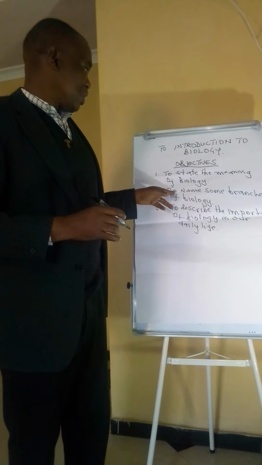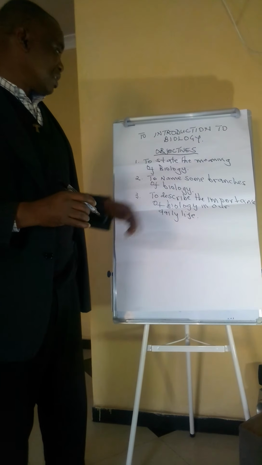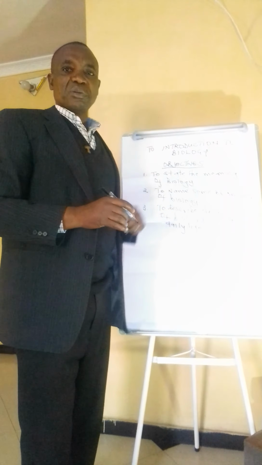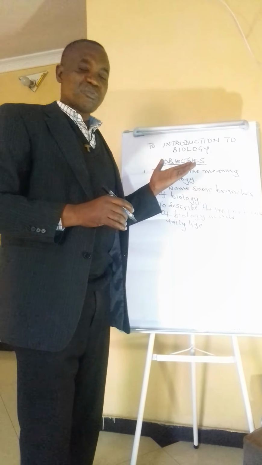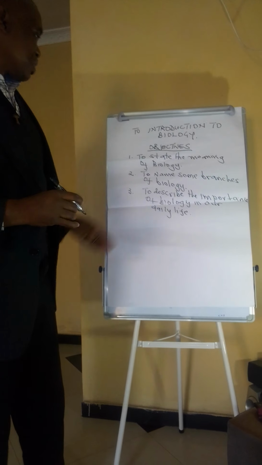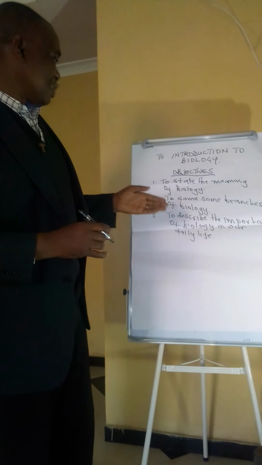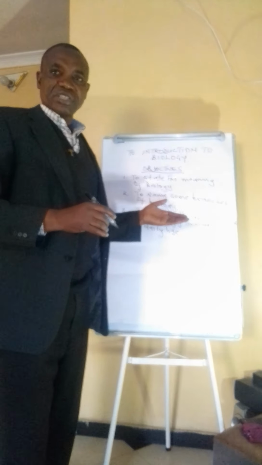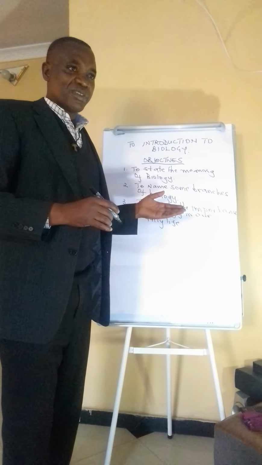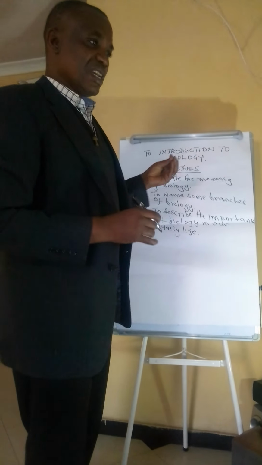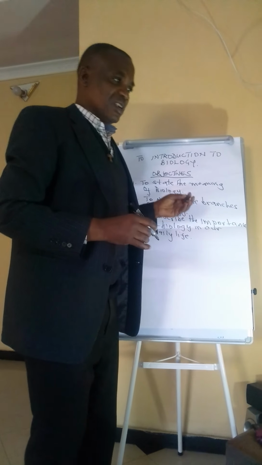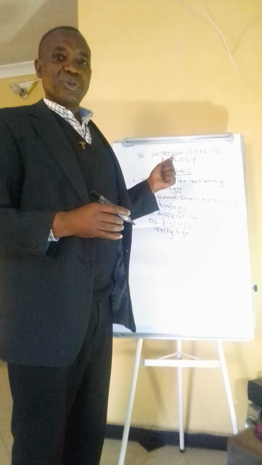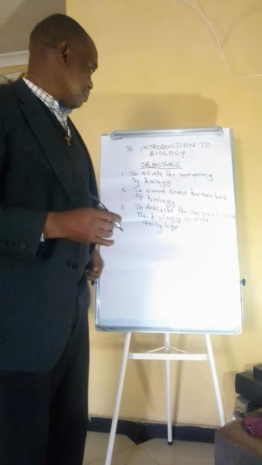Then this one, to name some branches of biology, a question can say, give any 4 branches of biology, or name any 4 branches of biology. Then this one, to describe the importance of biology in our daily life, the question can come, can you describe the importance of biology in our daily life? So if your teachers give you objectives of a particular topic, concentrate on those, and those are the ones which will be the questions in your exams.